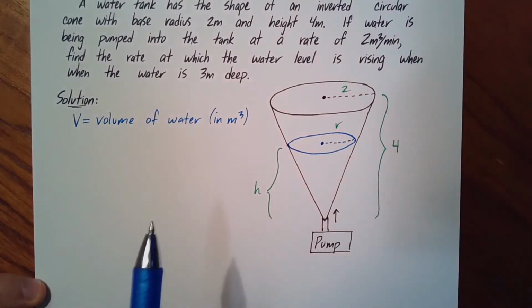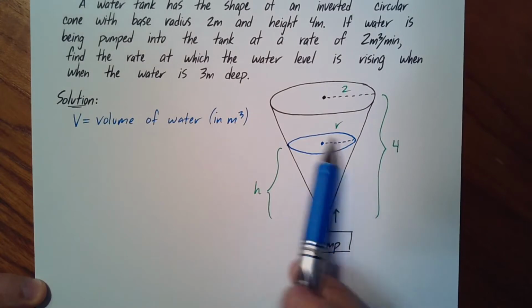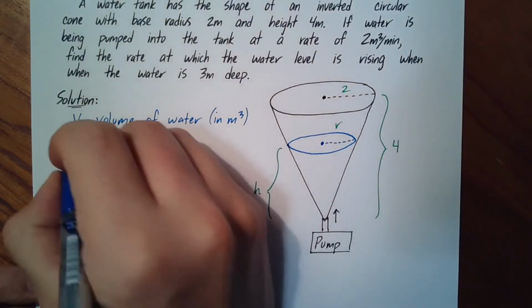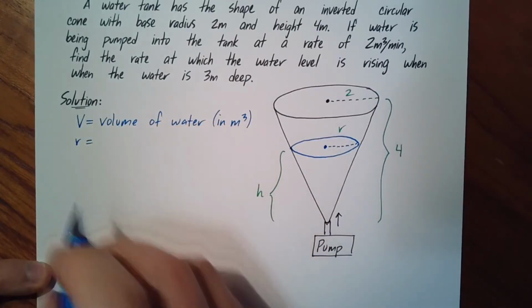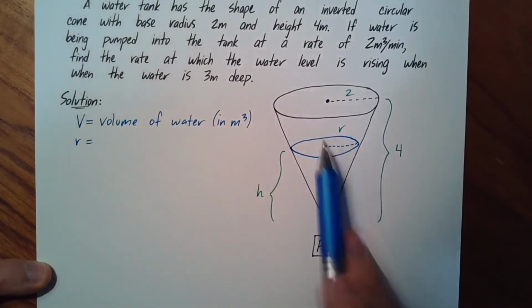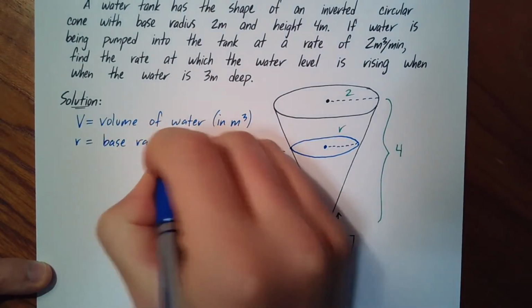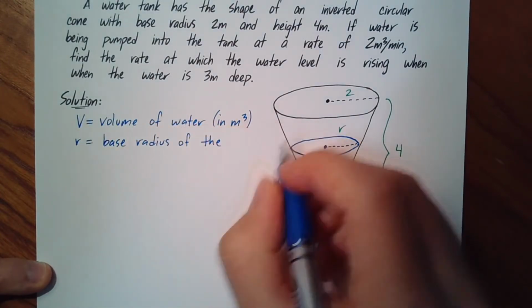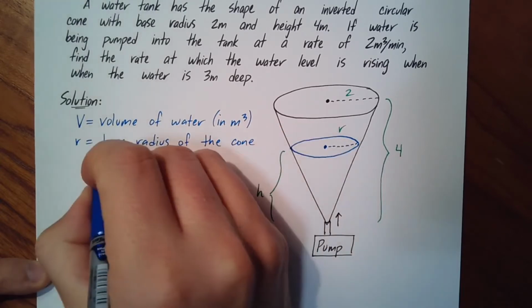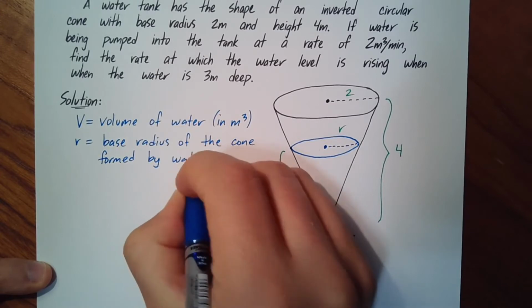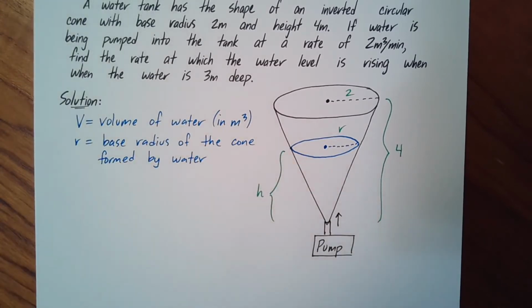All right, so what are our other variables? The radius of the cone formed by the water and the height of the cone formed by the water. So let's go R. We can even say base radius, just to be more specific. So R is the base radius of the cone formed by the water. And what are we going to measure that in?